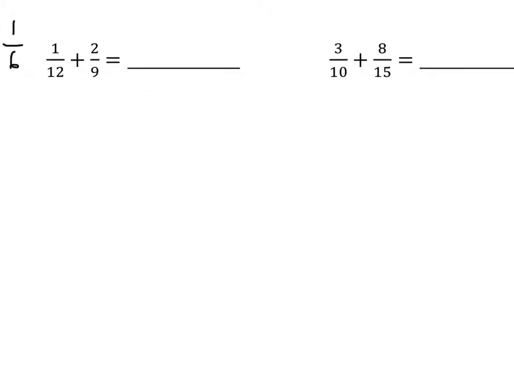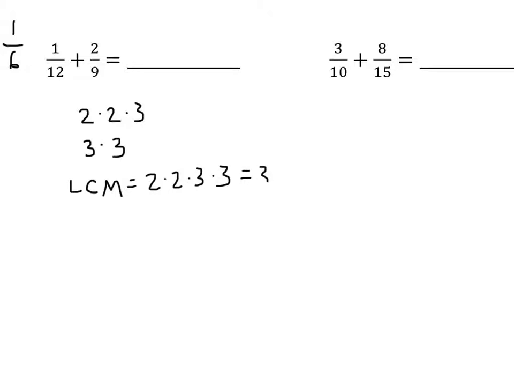1/12 plus 3/9. We know that 12 is 2 times 2 times 3. 9 is 3 times 3. So our least common multiple will be 2 times 2 times 3 times 3. So that's 4 times 9, 36. That will be our least common denominator.